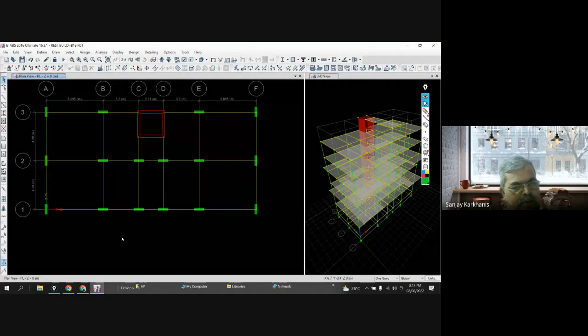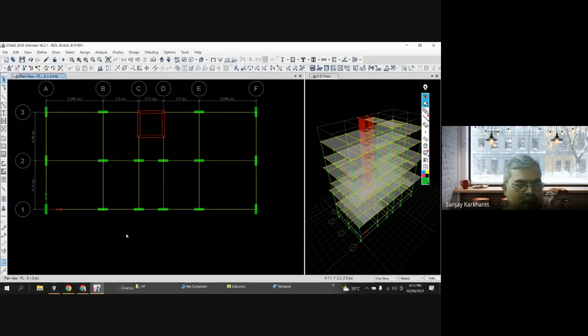Yes. यहाँ पे क्या करना पड़ेगा? See, do you want this to move as a rigid body or not? That is up to you. क्या करेंगे?